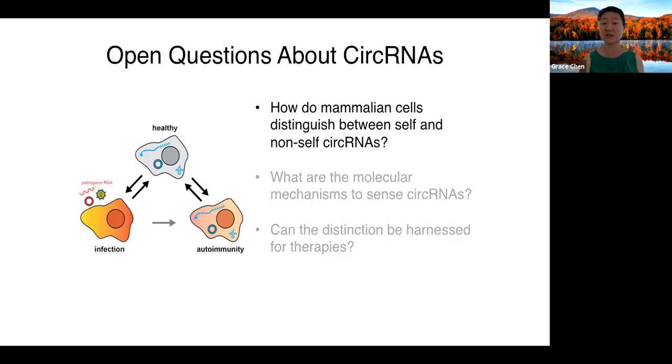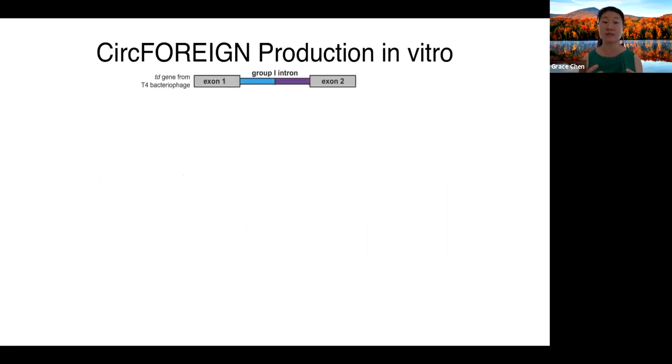So to answer the first question, we designed a system that used a group 1 intron. This intron in its natural state typically splices itself into a circle to join the two ends of the exons together.